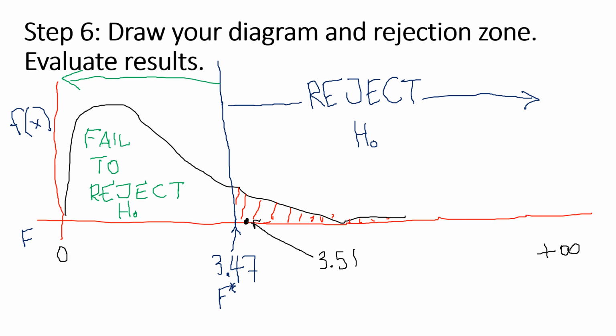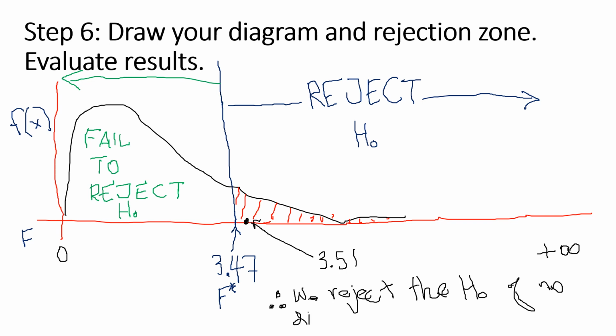Because 3.51 falls over here in the area where we reject the null hypothesis, we reject our null hypothesis of no difference, and are wrong one time in 20, right?